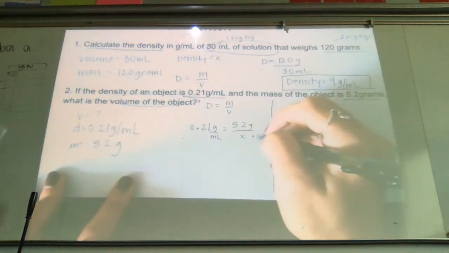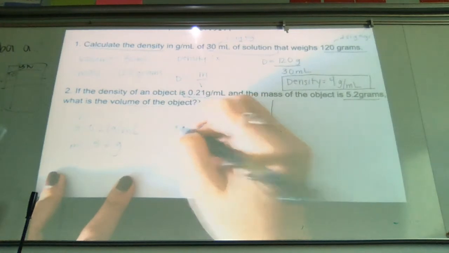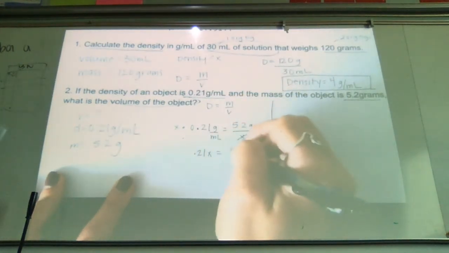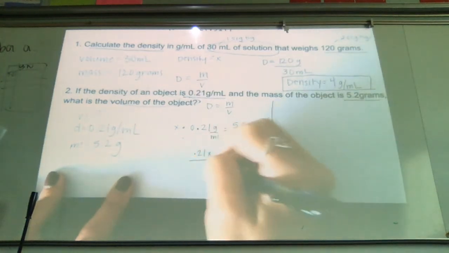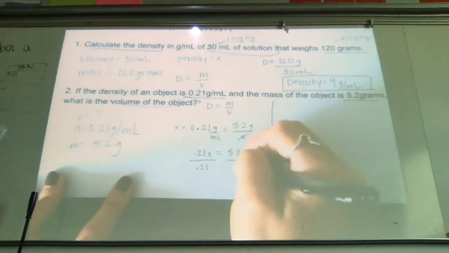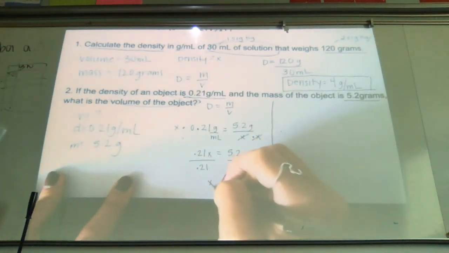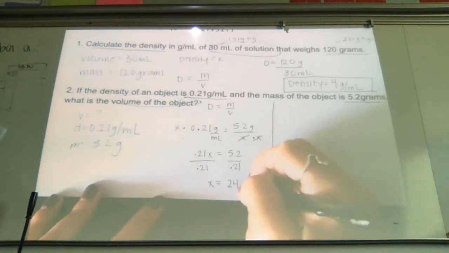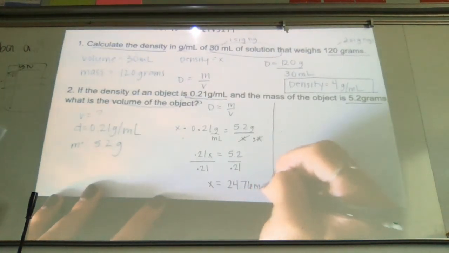So I'm going to multiply by X on both sides. So cancel out here. So I get 0.21X equals 5.2. Then I'm going to divide by 0.21 on both sides. So I will get my X, or my volume, is equal to, let me solve it, 24.76 milliliters.